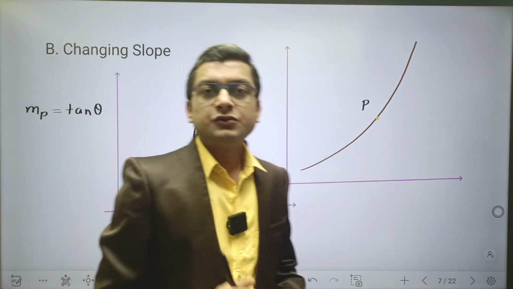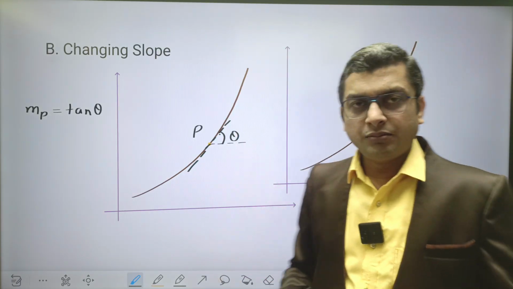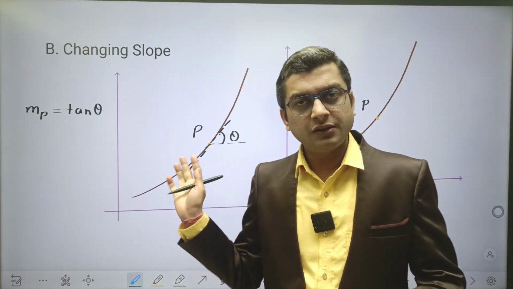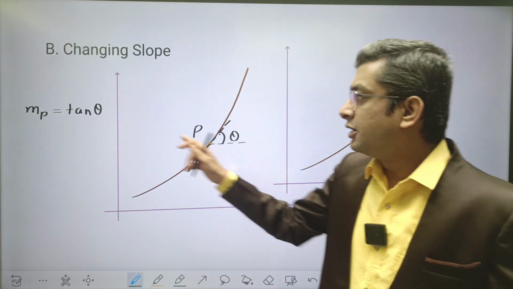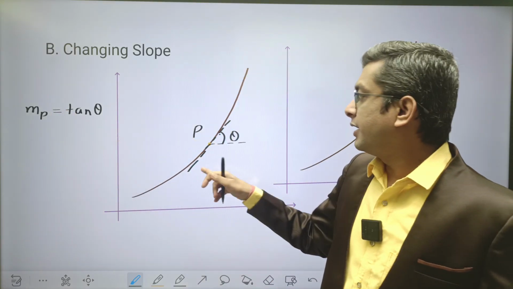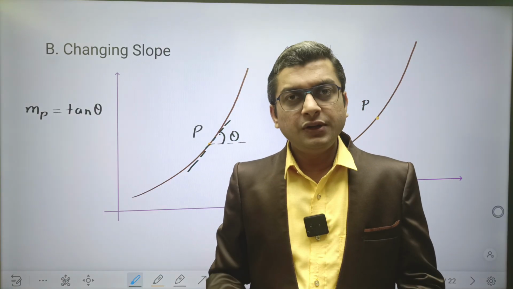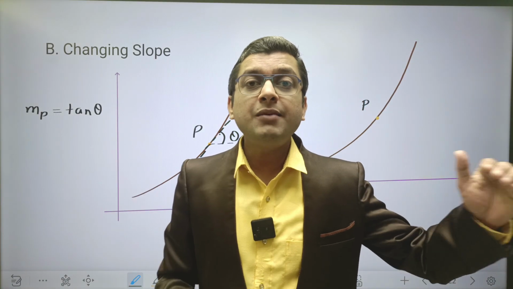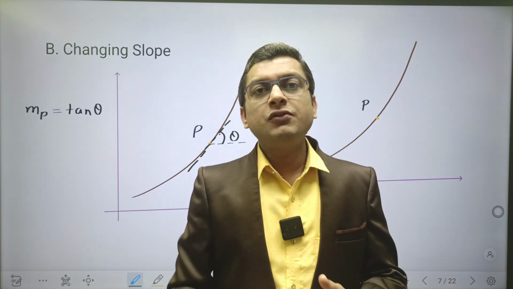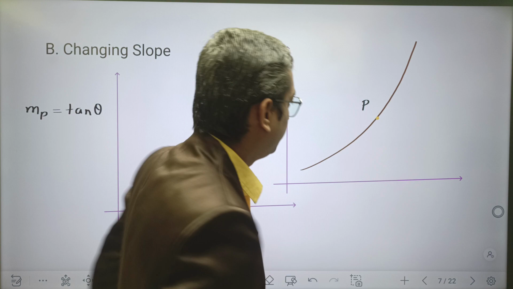Now the second approach is, if we are able to measure the value of angle theta with a protractor, then we can directly find the value of the instantaneous slope at point P. But suppose we want to use the formula for tan theta as delta y by delta x, then how can we approach finding the instantaneous value?